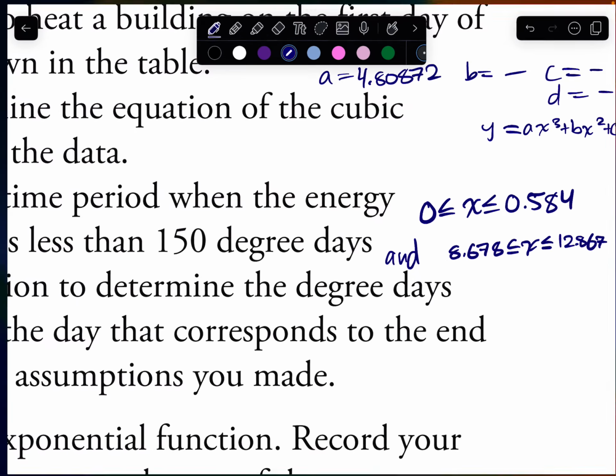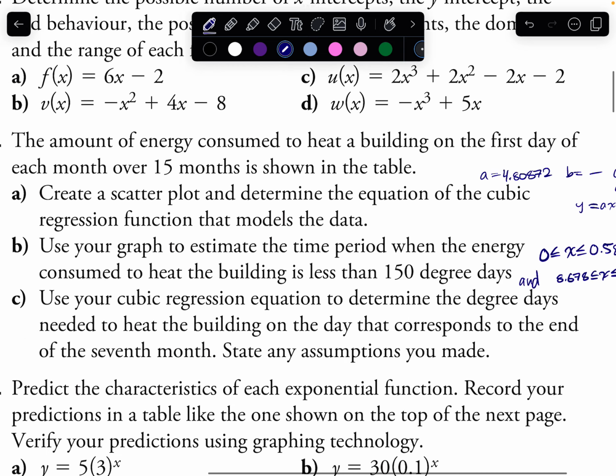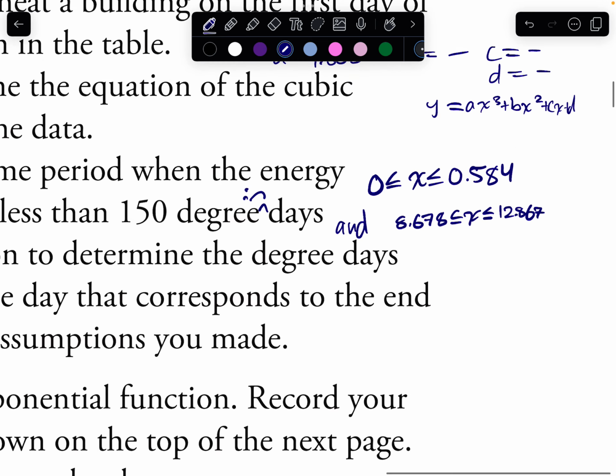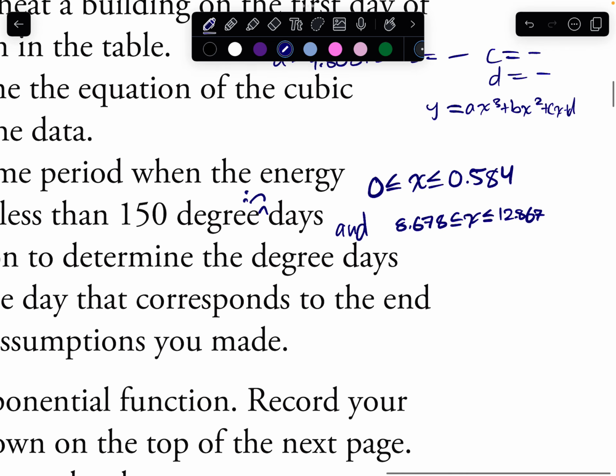And then the actual question is asking for the time period. I think it's meant to say in days. So we want our total answer. So we add up this, 0.584 plus the difference between these two numbers. So 12.867 minus 8.678 is 4.189.